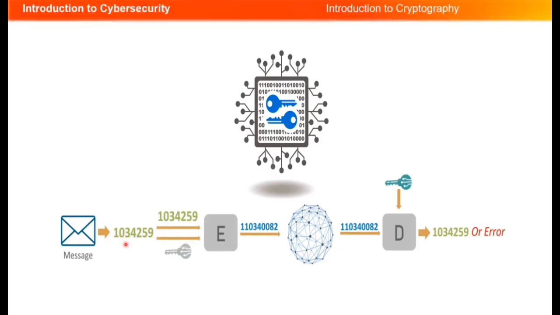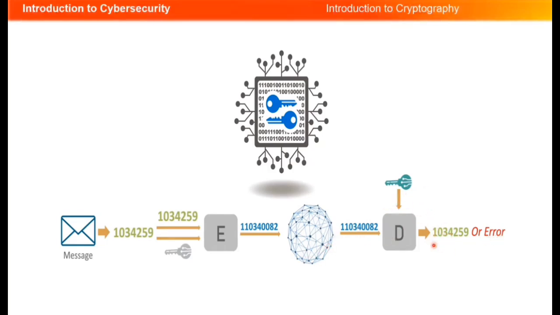We have a message here, a numeric message, 1034259. We encrypt it, and it becomes what we call ciphered. It goes out publicly. The cipher is meaningless to any third parties out on the public web. We decrypt it, or there's an error delivered.